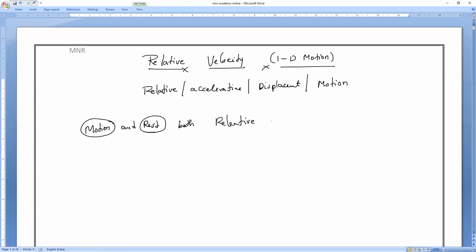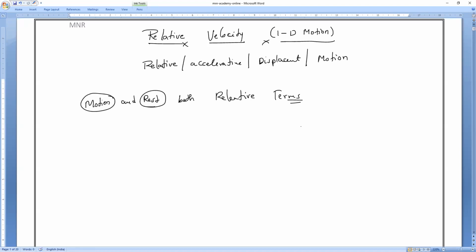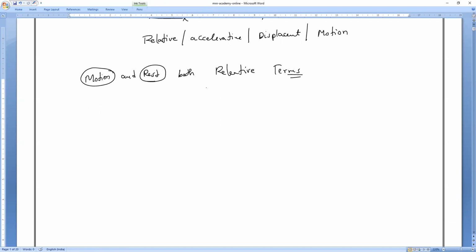Let us discuss one example so that you all understand very clearly. For example, this is the surface of the earth. Two persons are sitting on a bench. Let me take a bench now. This is person one and this is person two.